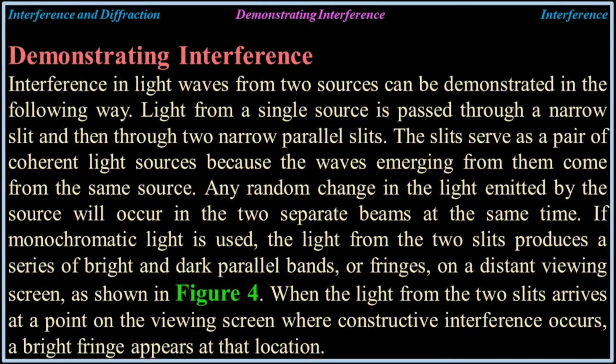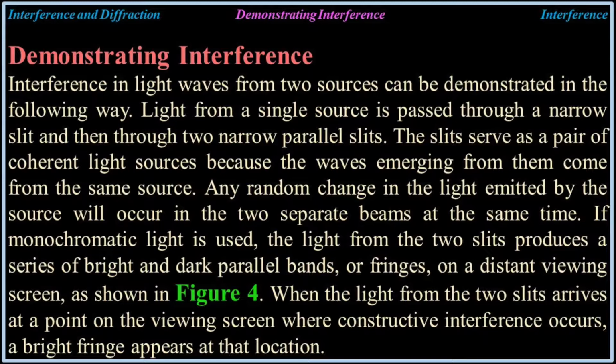Demonstrating interference. Interference in light waves from two sources can be demonstrated in the following way. Light from a single source is passed through a narrow slit and then through two narrow parallel slits. The slits serve as a pair of coherent light sources because the waves emerging from them come from the same source.